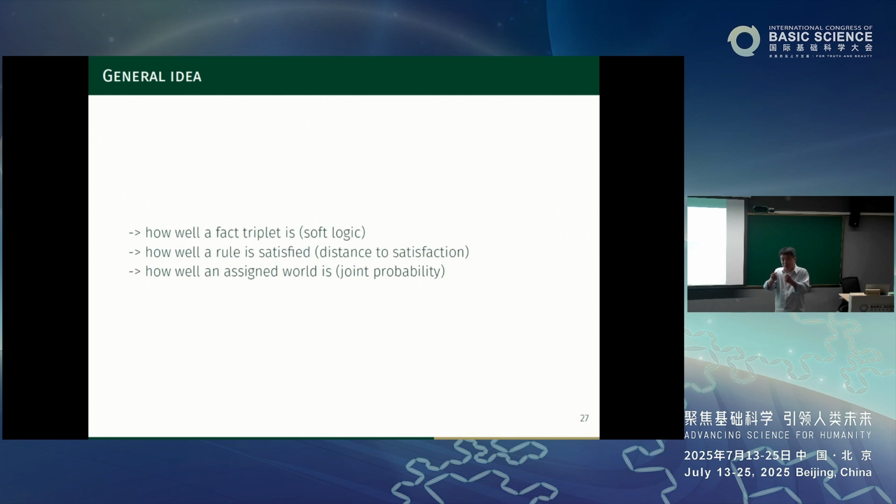Then you take all these facts together and want to see if the rule is satisfied or not. So we introduce a function to do the measurement. Once this measurement is given, we can compute the joint probability.